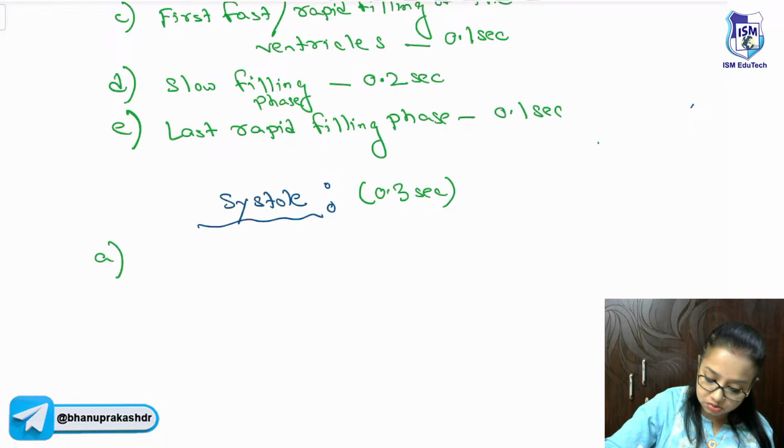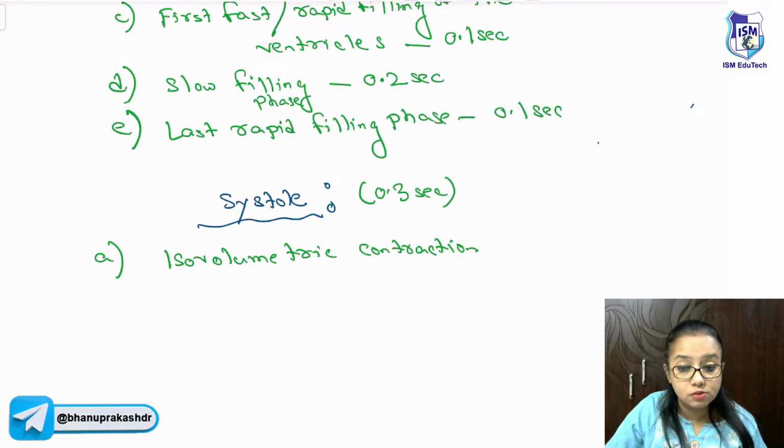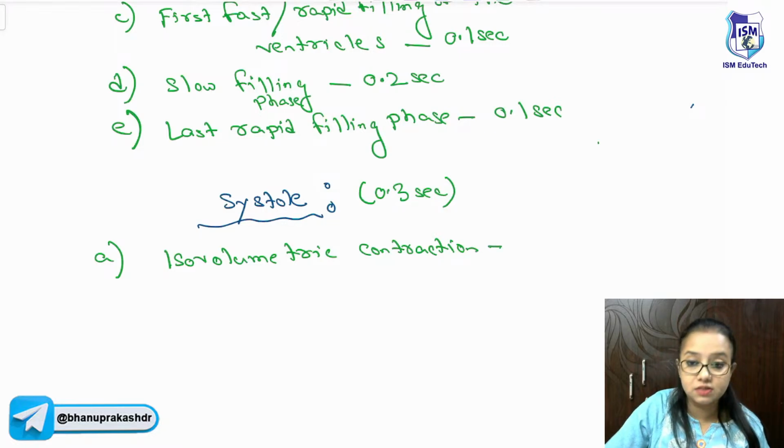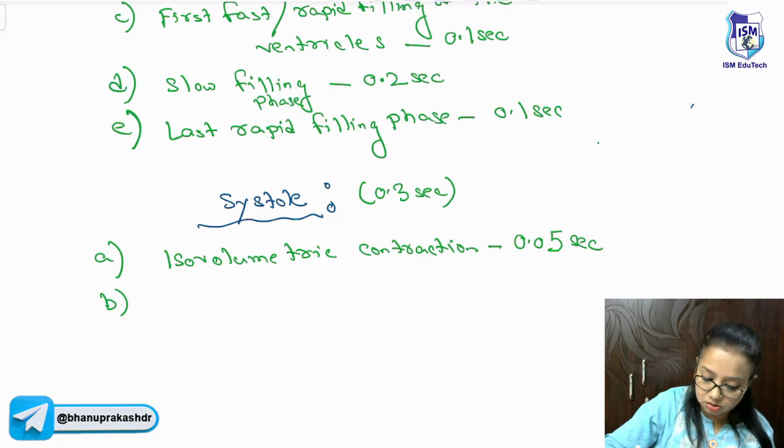It starts with the isovolumetric contraction of the heart. Now, in this isovolumetric contraction, the ventricles of the heart spend about 0.05 second. That's all it spends, which is followed by the ejection phase.